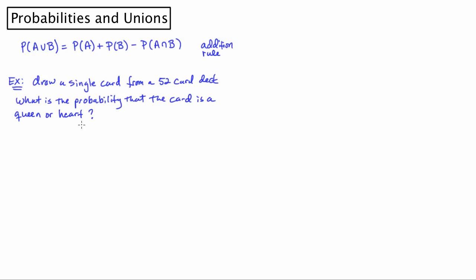Okay, so the idea here is we need to identify what the events of interest are. In this case, the events of interest are queens and hearts. So I'll start off by letting the set A be the event that represents drawing a queen, and we'll let the set B represent drawing a heart.